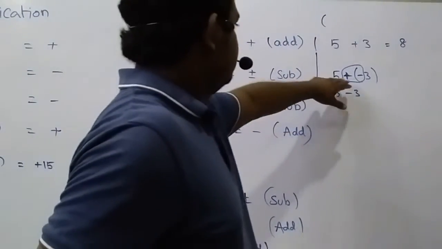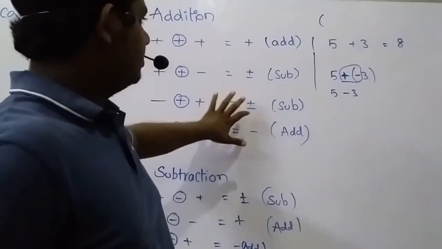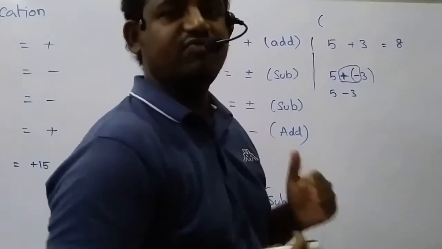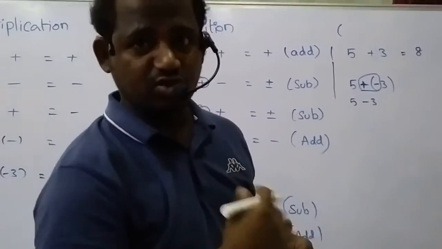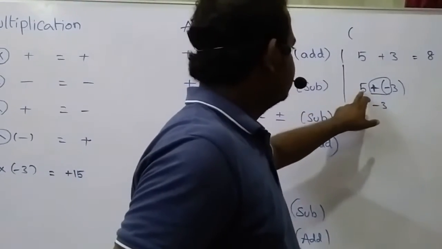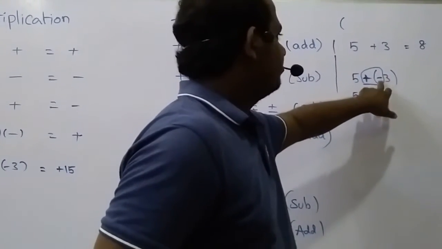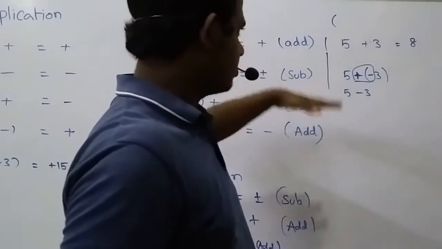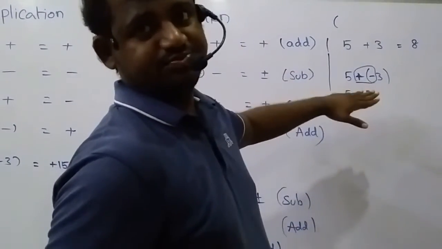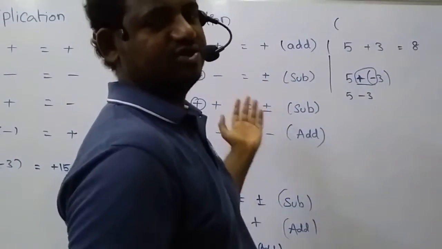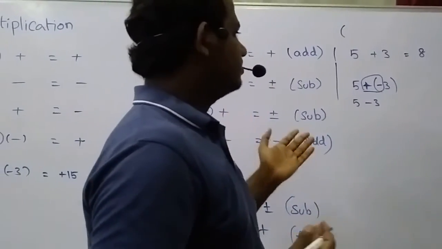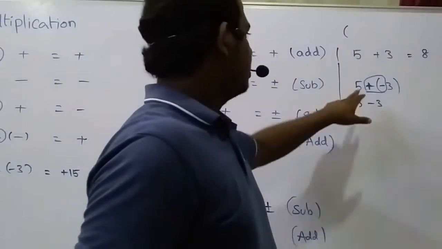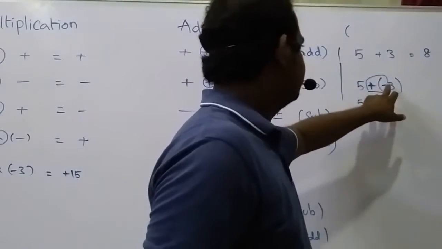You have to follow these steps when you are simplifying a problem. In the middle of the solution you may come across 5 plus bracket of minus 3. Most of the cases in the simplification chapter you will come across this. Not only simplification, in any addition or subtraction case you will come across 5 plus bracket minus 3.